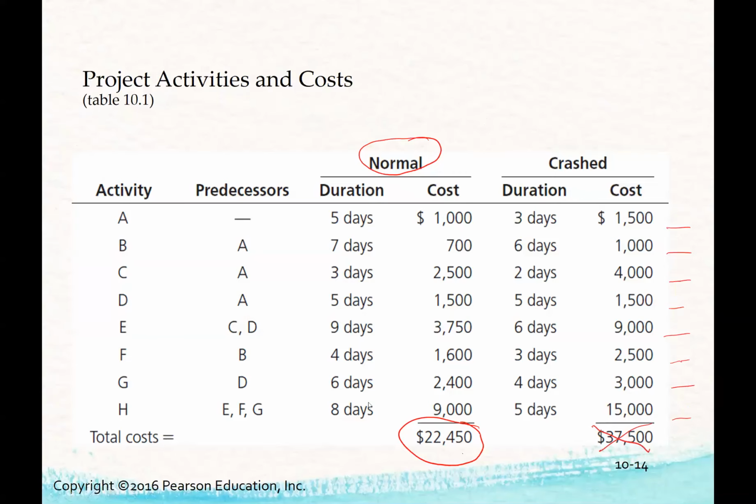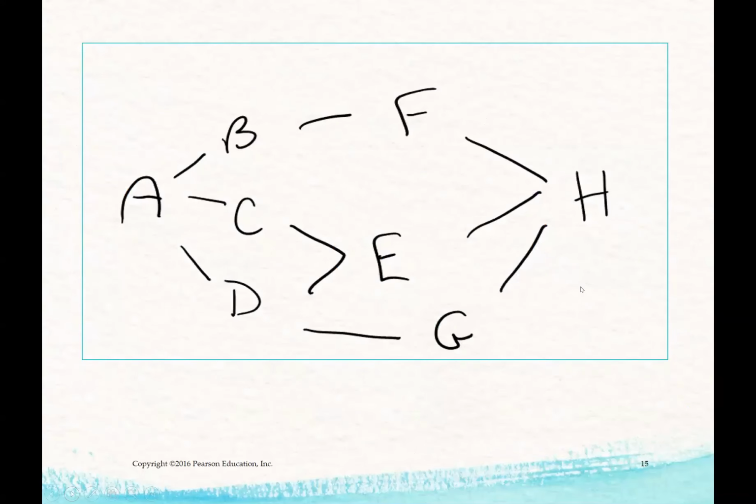So let me show that to you again. First thing we did, network diagram, so we can see what the flow is, what the different paths are. And if you don't remember from Chapter 9, a path is any path through a project, and the critical path is the longest to the completion. So we have path ABF, path ACEH, I should say ABFH, ADEH, ADGH.